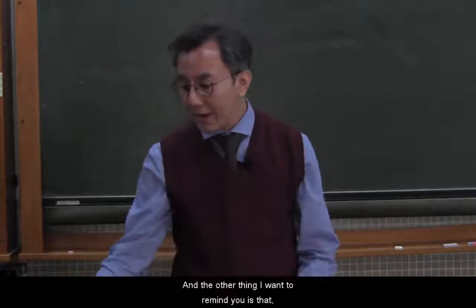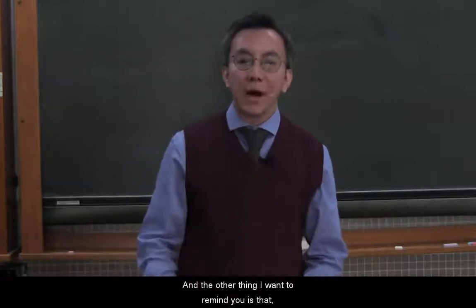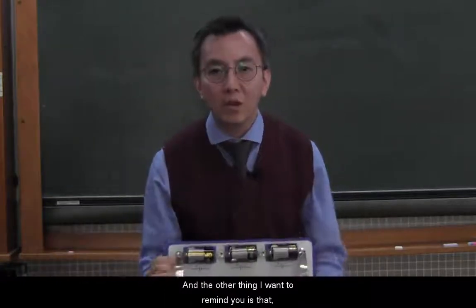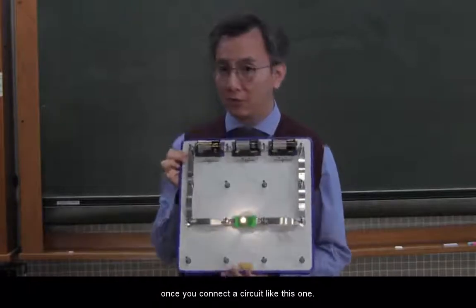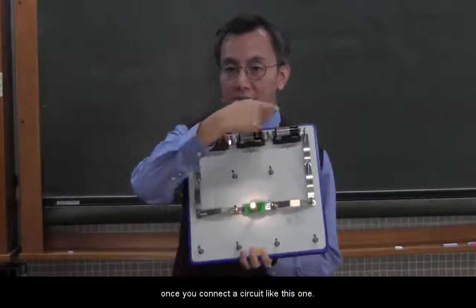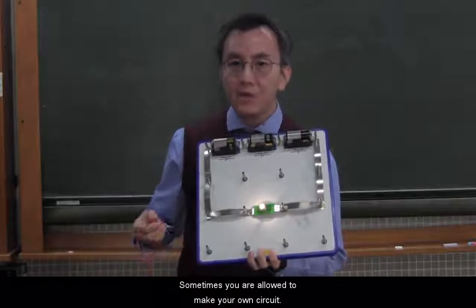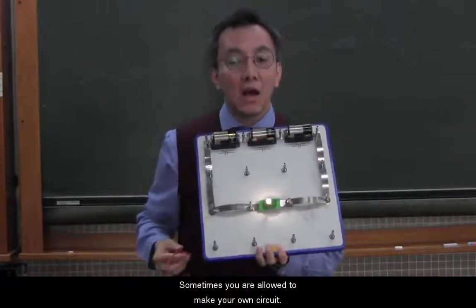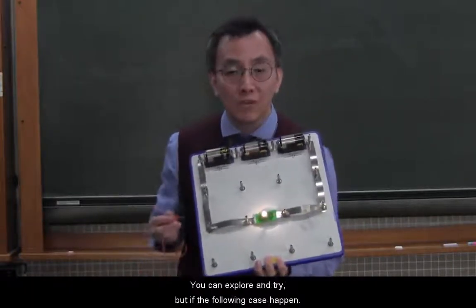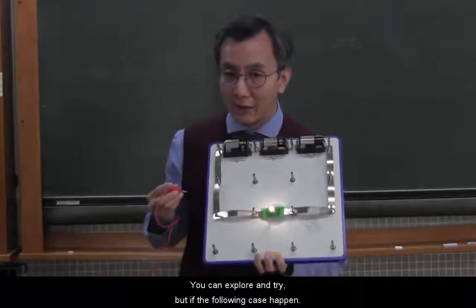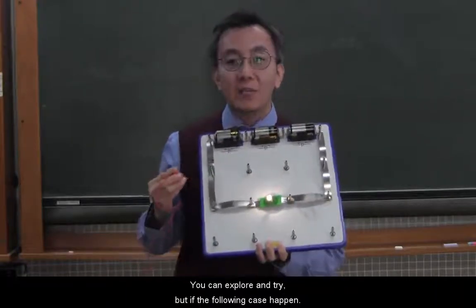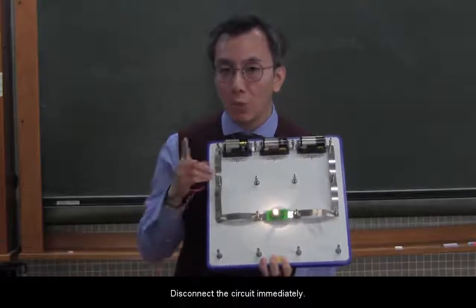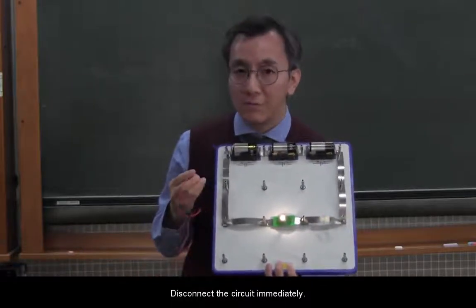Okay? And the other thing I want to remind you is that once you connect a circuit like this one, for example, it is a complete circuit you just made. And sometimes I allow you to make your own circuit. You can explore and try. But remember, if the following case happens, disconnect the circuit immediately.